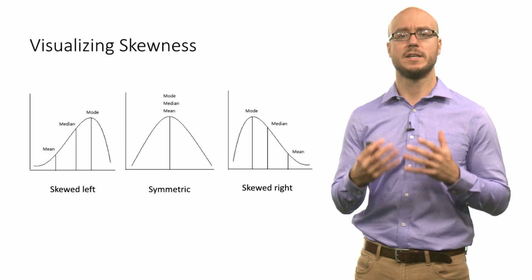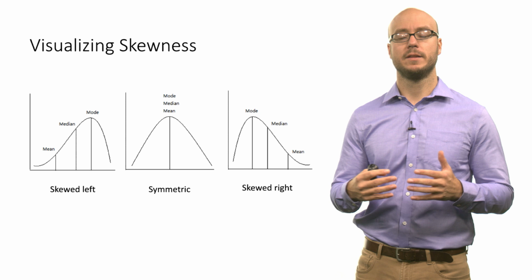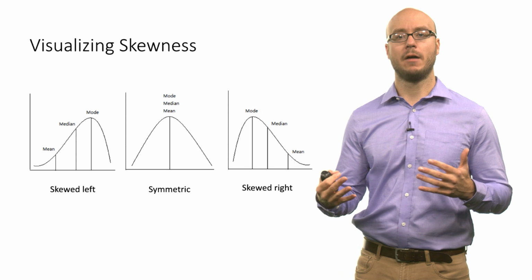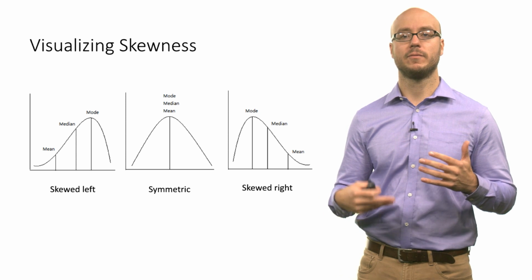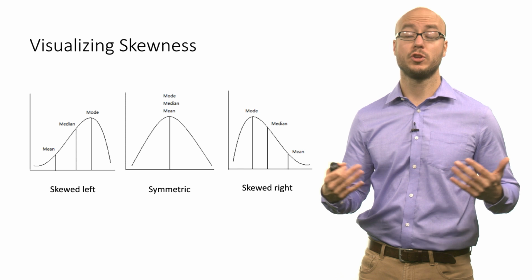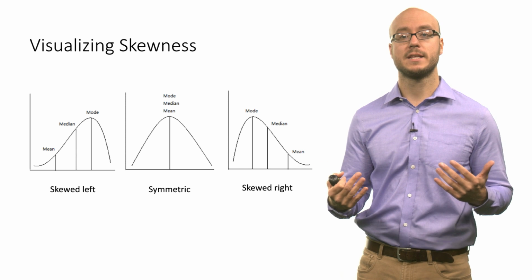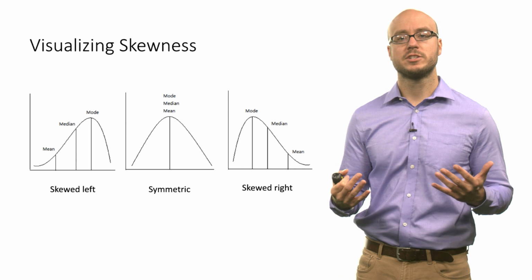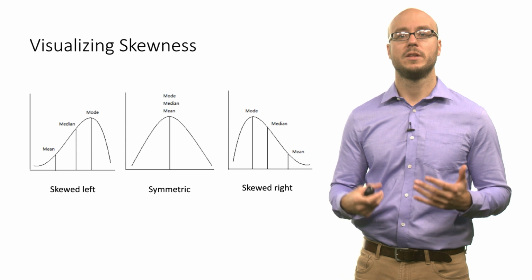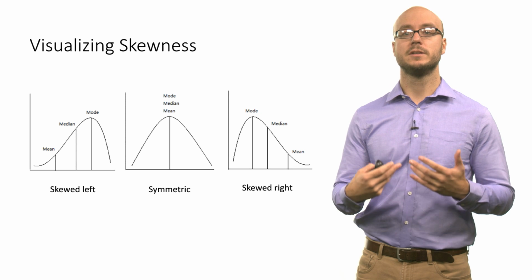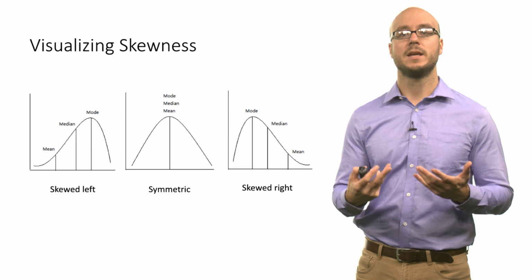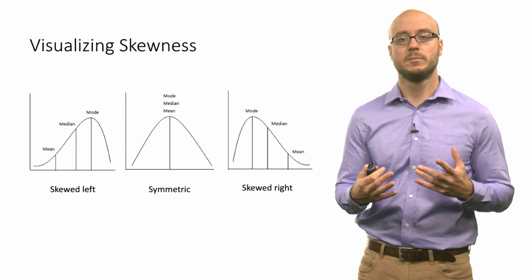In a symmetric distribution, you have outlying values on both ends of the distribution, or you might have no outlying values. But the key point is that in a symmetric distribution, there is no skewness. And in a symmetric distribution, in general, the mean, the median, and the mode tend to be very similar.